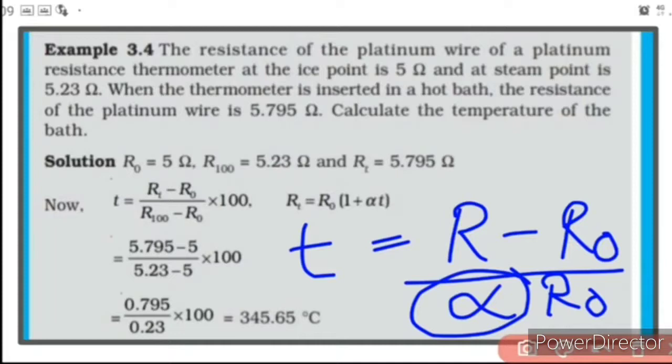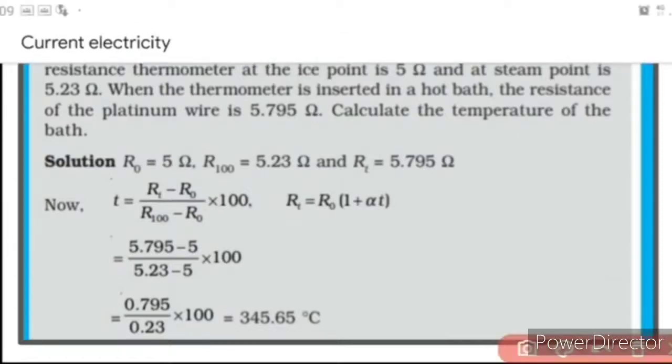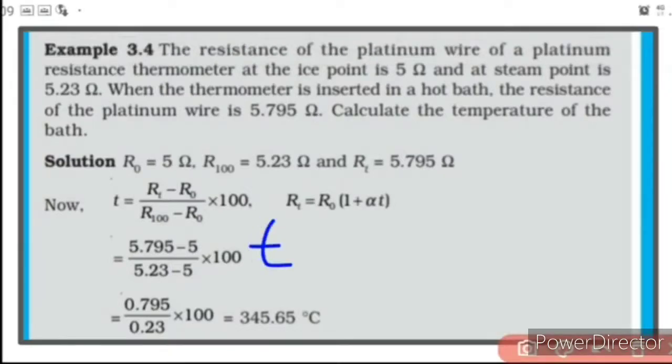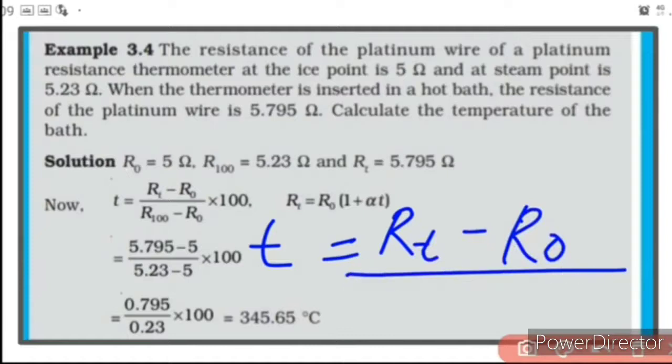So substituting that, t is equal to RT minus R0 divided by R100 minus R0, with the R0 in the two places cancelling.